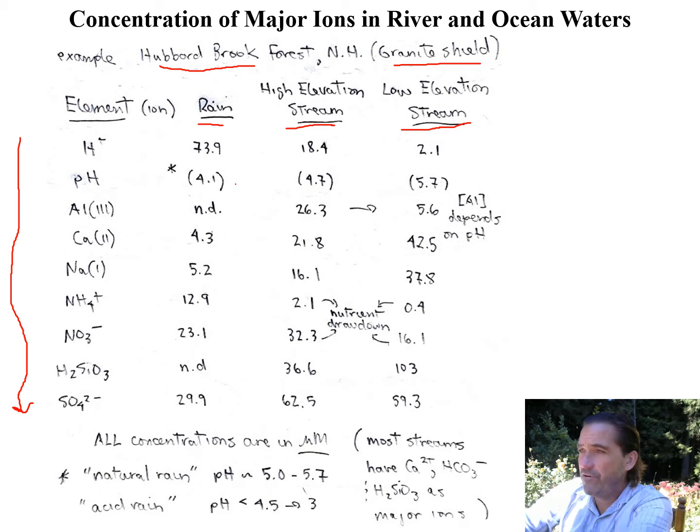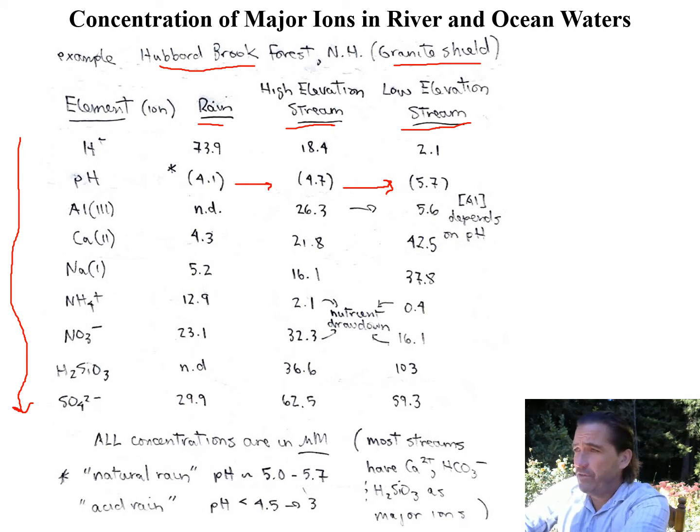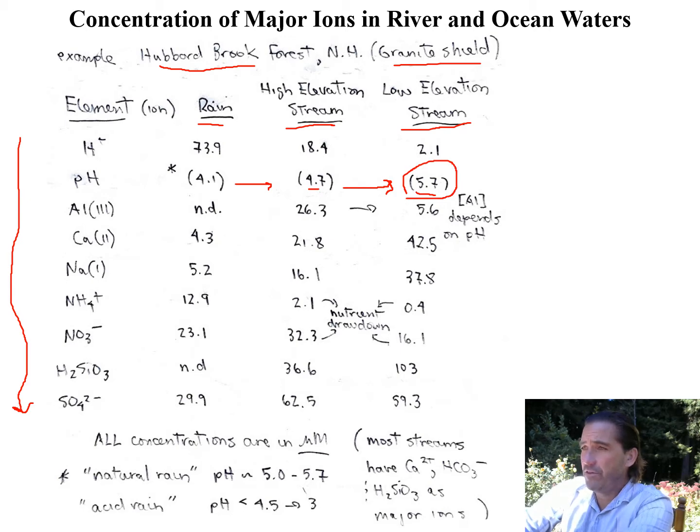Let's start with hydrogen ion or pH. We see that the pH does change. It does increase as we go from the top of the mountain down below. And as I mentioned in a previous video, that's most likely due to the addition of buffers, things like carbonate, or even just organic acids, or potentially more photosynthesis, changing the system such that we increase our pH.